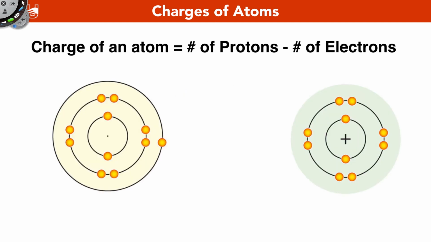Now let's just say that this electron, remember we said electrons move? Well, let's just say this electron was lost, right? So we still have 11 protons in the center, and that electron is lost, and we get this species over here. We still have 11 protons in the center, but we lost an electron.